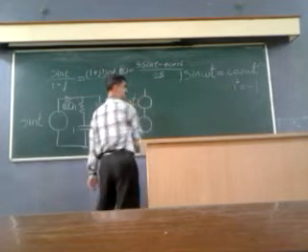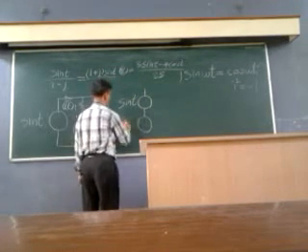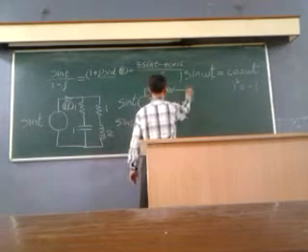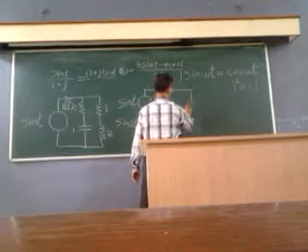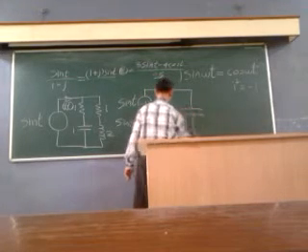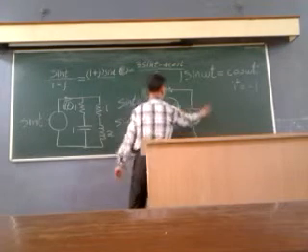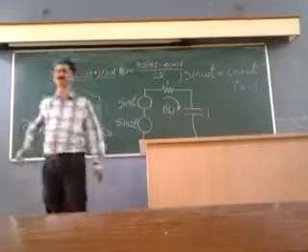There are two sources, one is sin t, one is sin 2t. We take a simple problem: R is 1 and C is 1, with a voltage supply. Find IT.